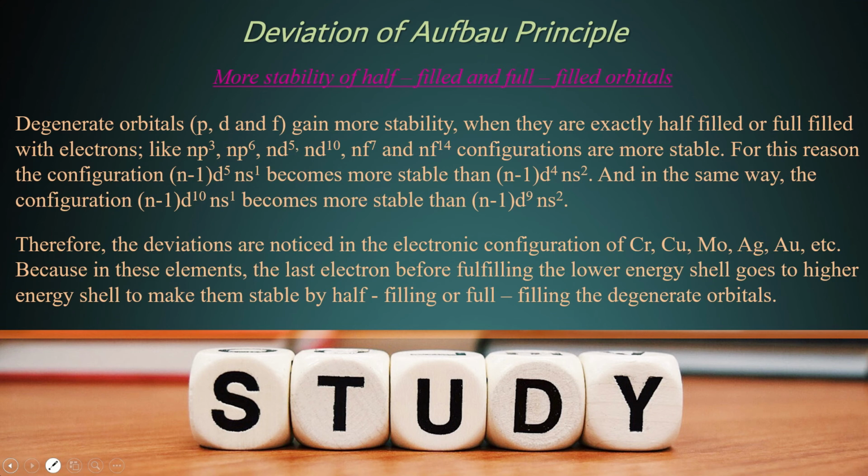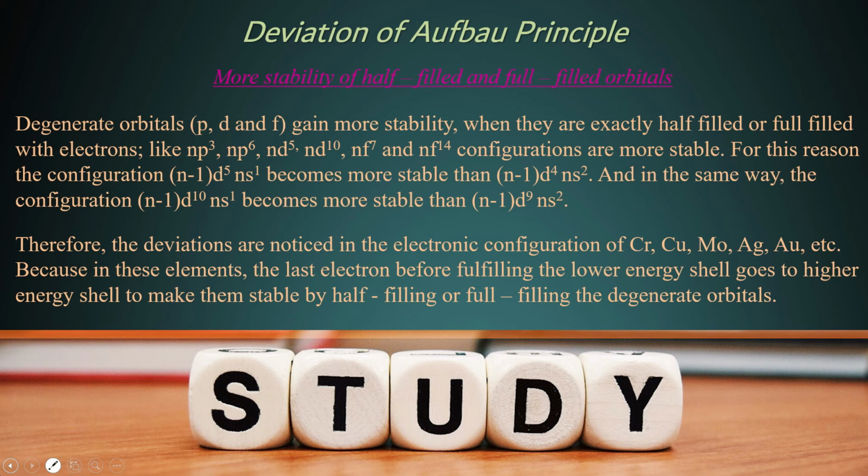Therefore, deviations are noticed in the electronic configuration of chromium, copper, molybdenum, silver, etc. Because in these elements, the last electron, before filling the lower energy shell, that means 4s or 5s, goes to the higher energy shell to become stable by half-filling or full-filling.